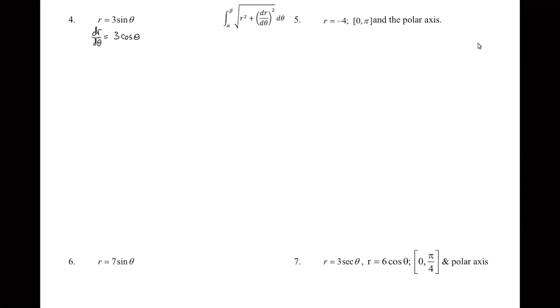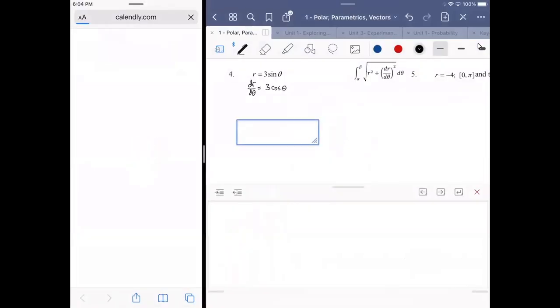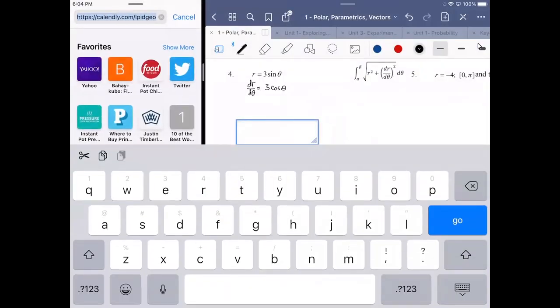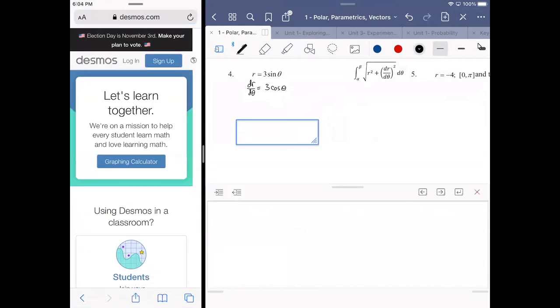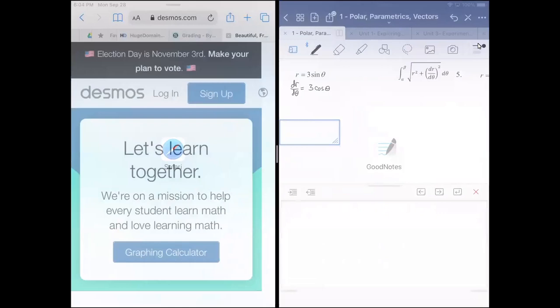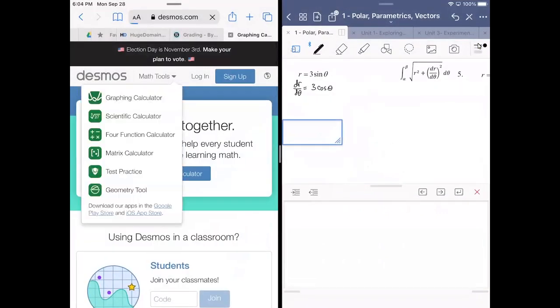So let me bring Desmos on board here. Not Calendly, I don't know where that came from, Desmos. We need a graphing calculator.